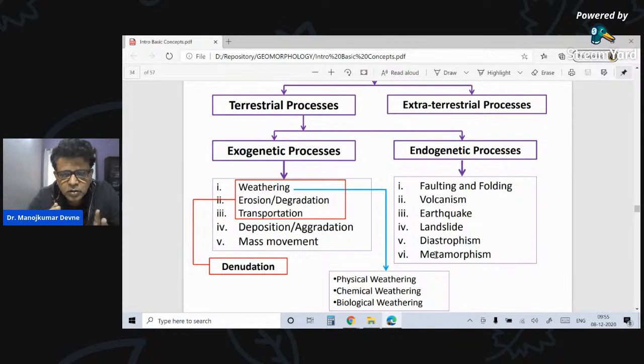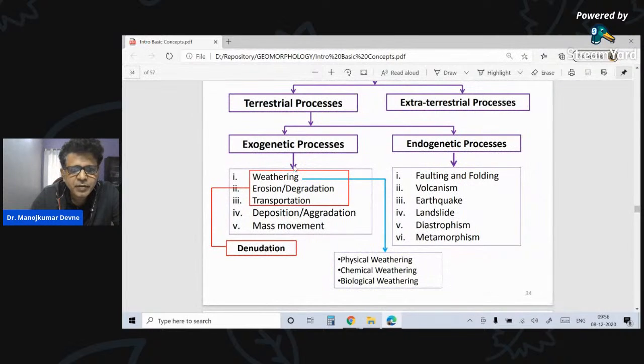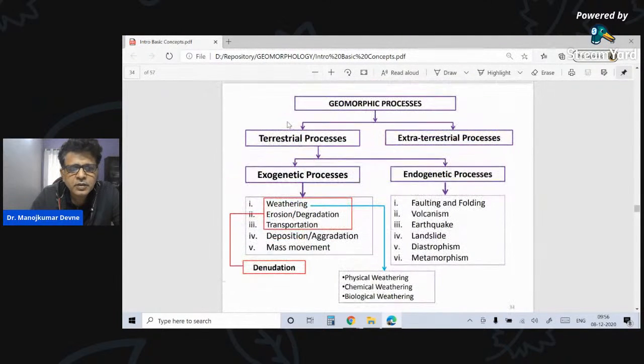So you'll see that the whole thing in geomorphology, I can see the whole geomorphology in front of me in one slide itself. It's gradually that I go into the details of each of these topics and subtopics. But basically, geomorphology to me is nothing outside this. If I want to take in all of it, I would further shrink it a bit. This is the whole thing that I am actually studying in geomorphology.